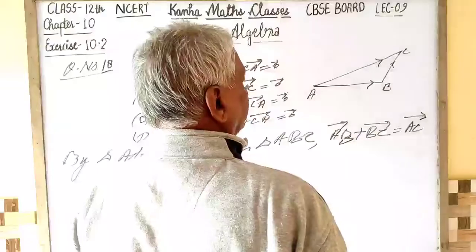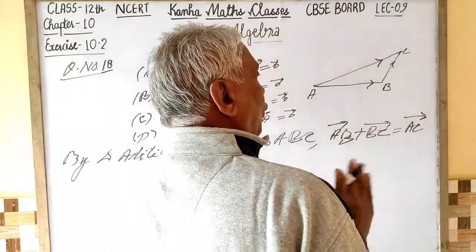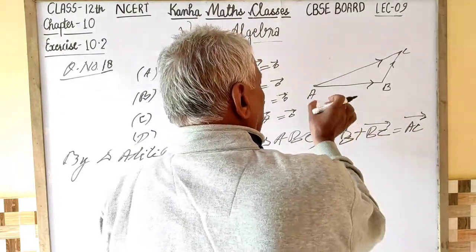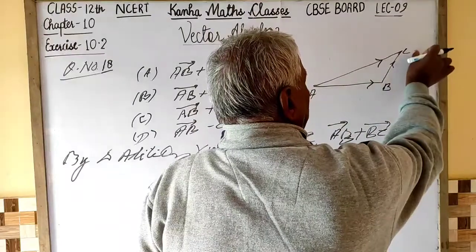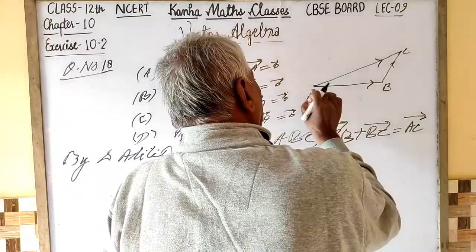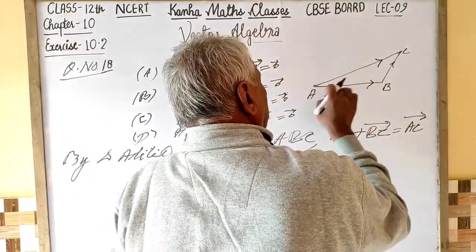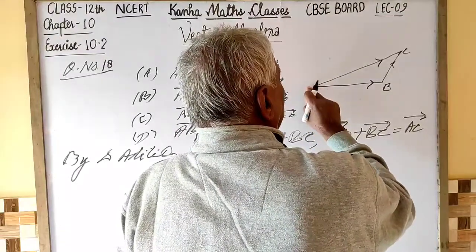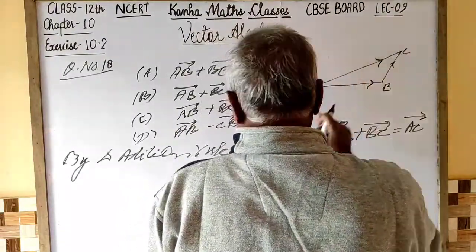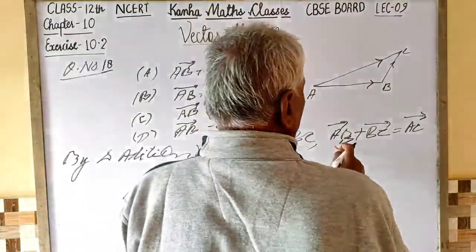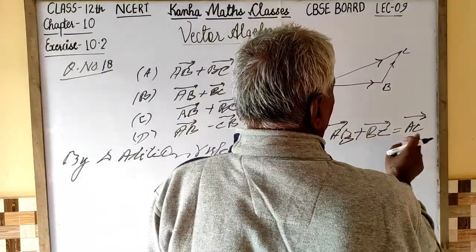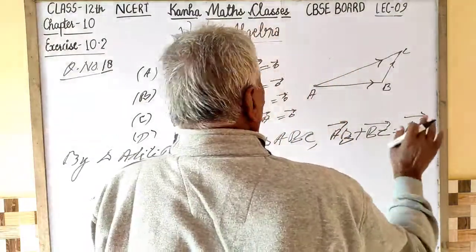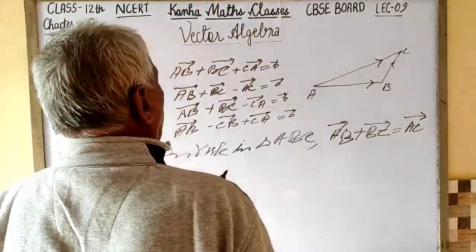The vectors that form the triangle may be added like this: AB plus BC in the same direction, where the initial point of these two vectors starts from A, will be equal to AC. I mean vector AB plus vector BC is equal to AC. This is the triangle addition rule.